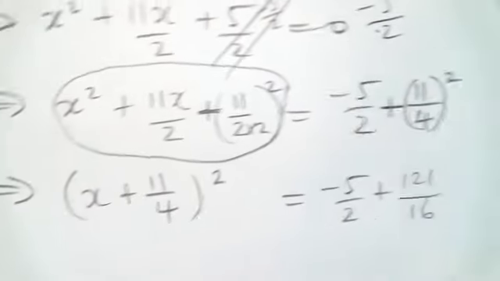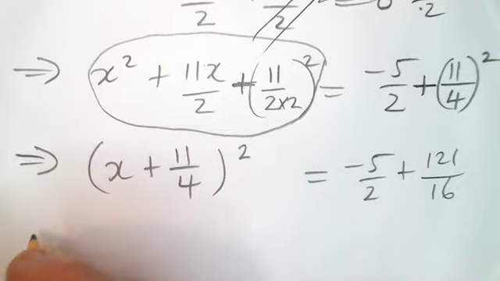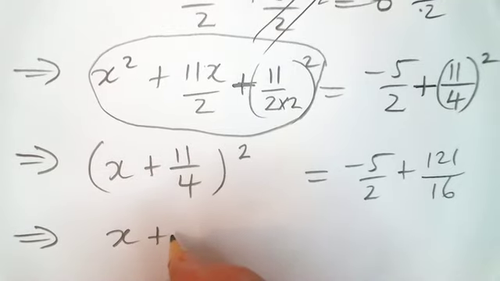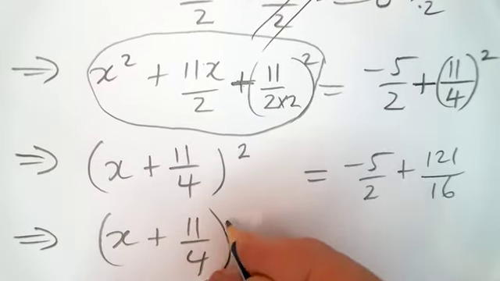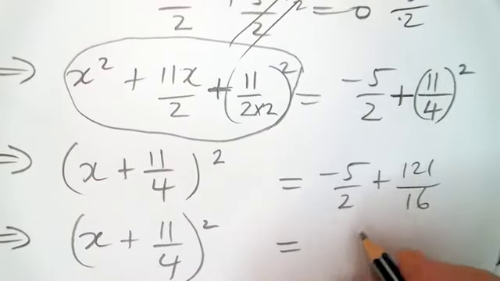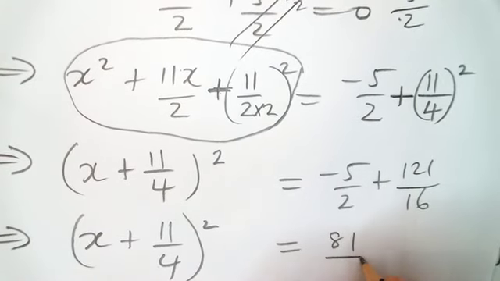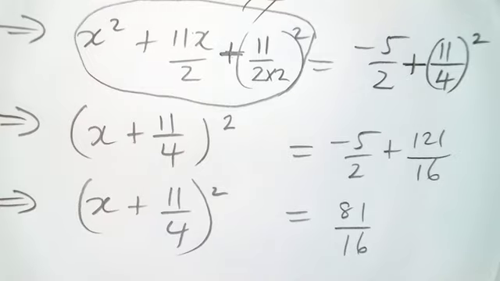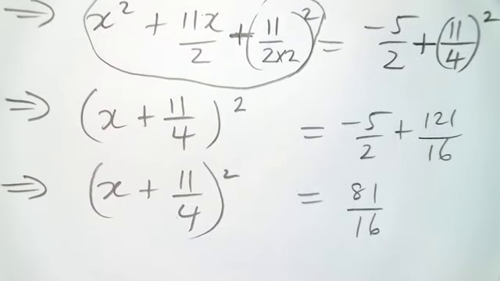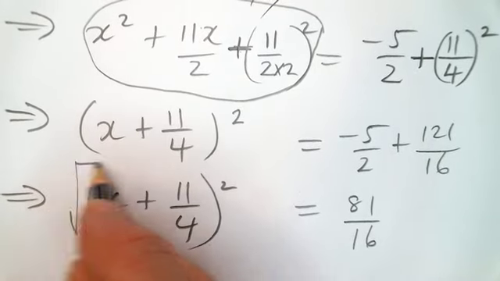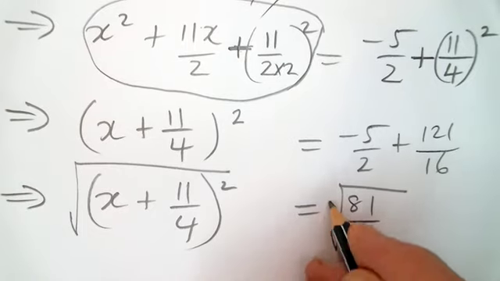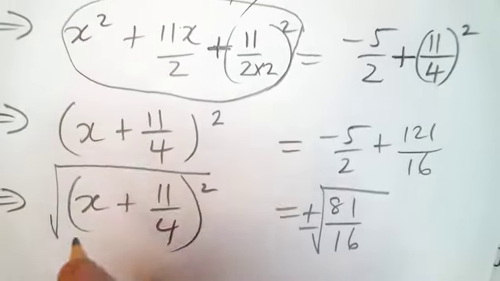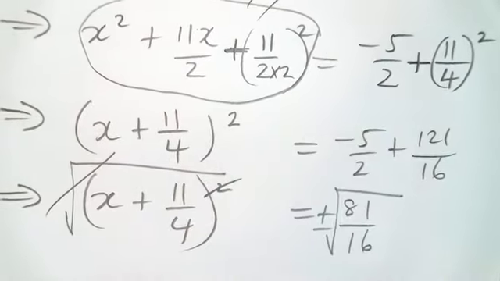So I've got x plus 11 on 4, all squared, is equal to 81 on 16. Now I'm going to find the square root of both sides. It's going to be plus or minus, of course. The square root of a square, they cancel each other out.